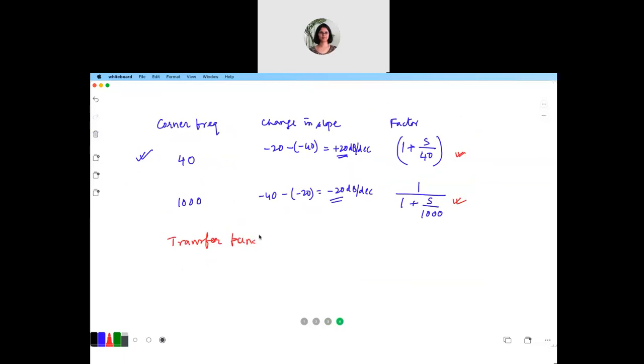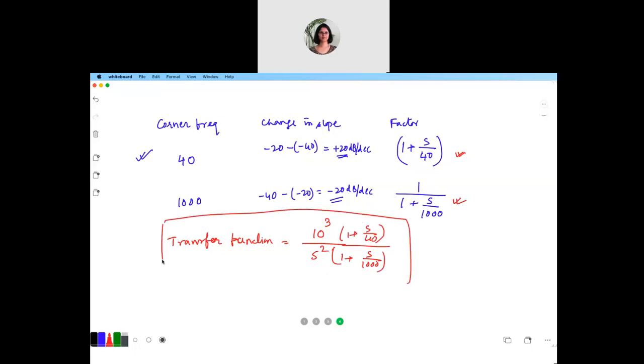Transfer function is equal to k, which was 10 to the power 3, multiplied by 1 by s square, then 1 plus s by 40 divided by, this is in the denominator, 1 plus s by 1000. That's it. So this is the final answer of the transfer function.